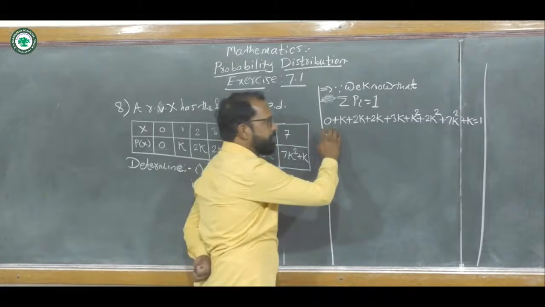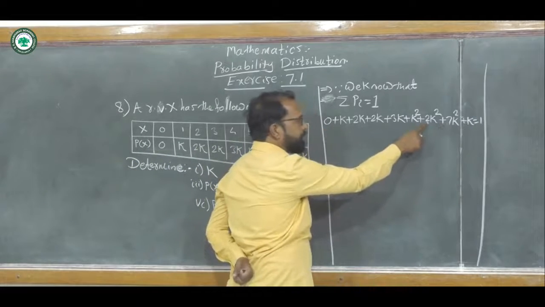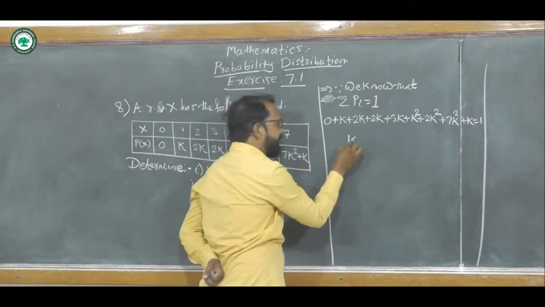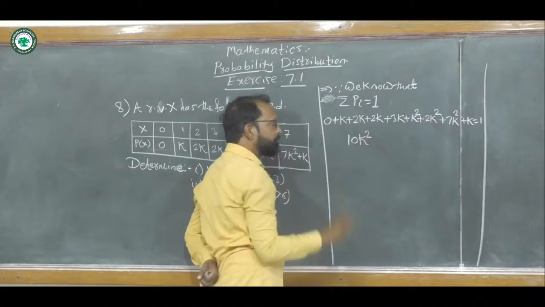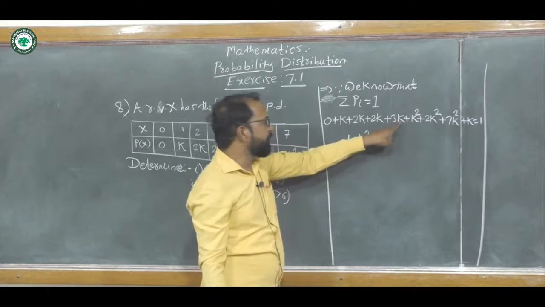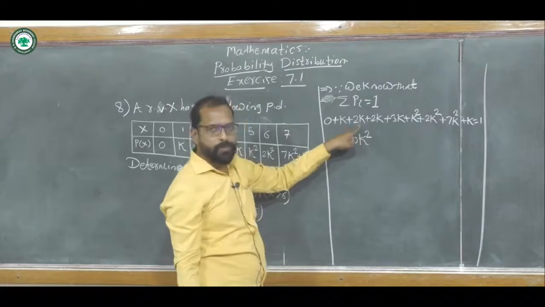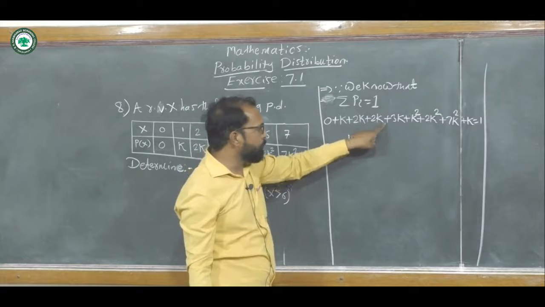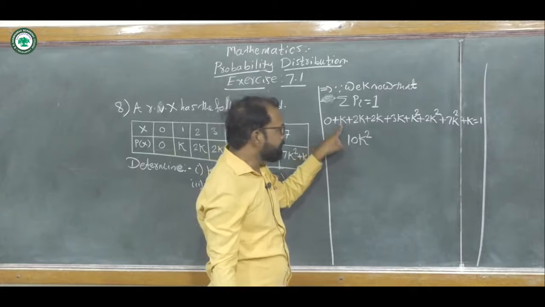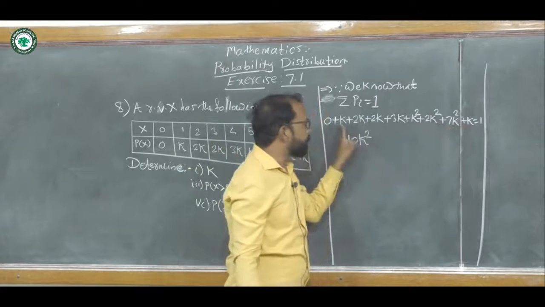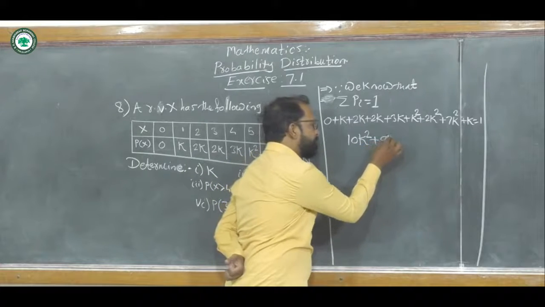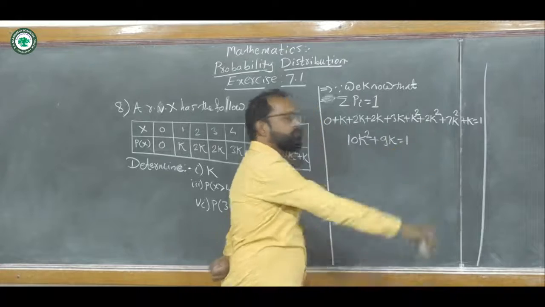Now, if we add 7k square plus 2k square plus k square, 7 plus 2 plus 1 becomes 10k square. Then k plus 3k plus 2k plus 2k, that is 2 plus 2 is 4, plus 3 is 7, plus 1 is 8, and this is plus 9k. So we get 10k square plus 9k equals 1.